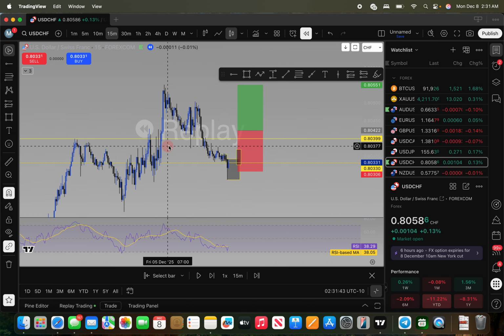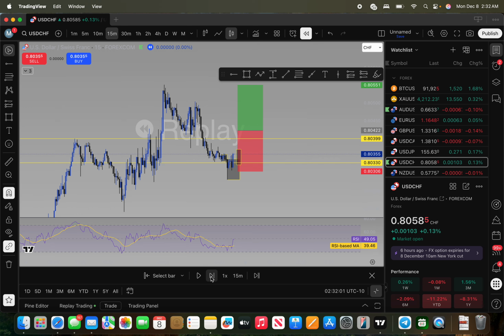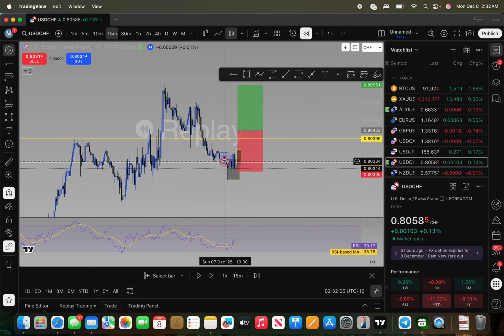But now that I know the second POI is also valid to take entry, I could have taken an entry right over here, because it closed above this theory candle and above this POI.